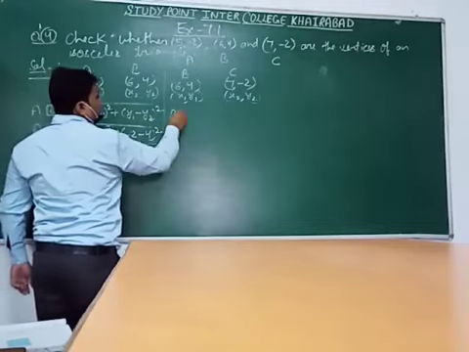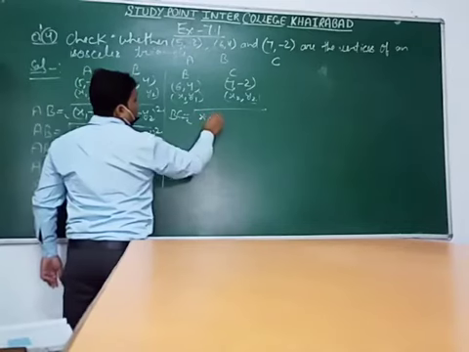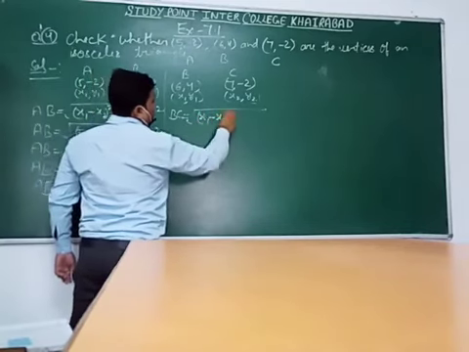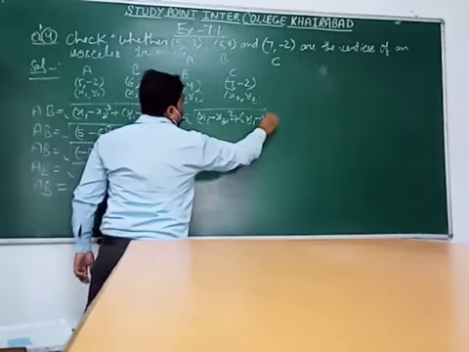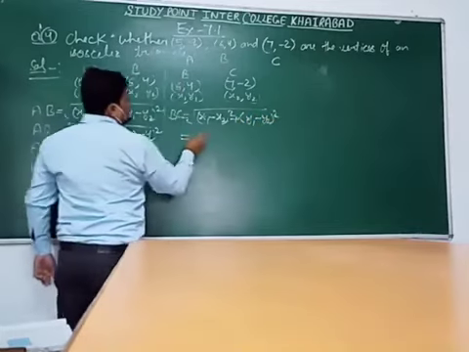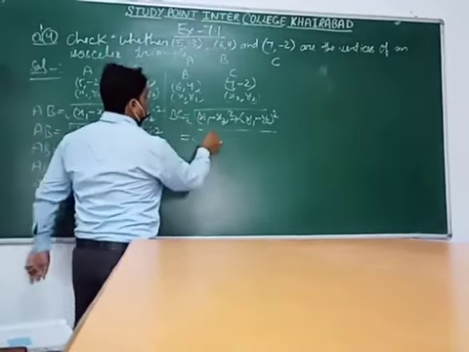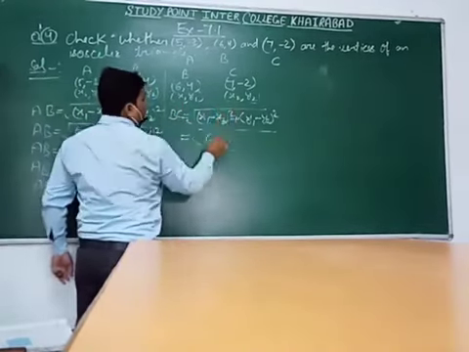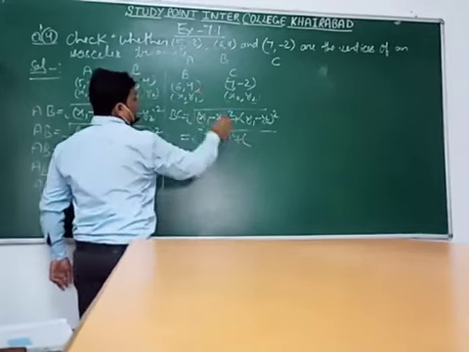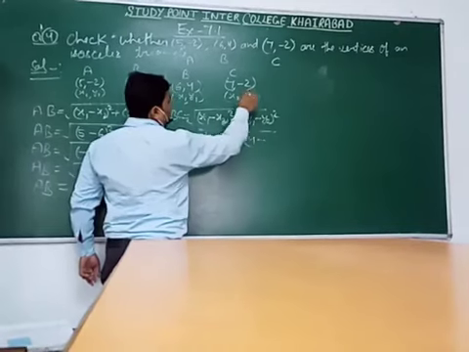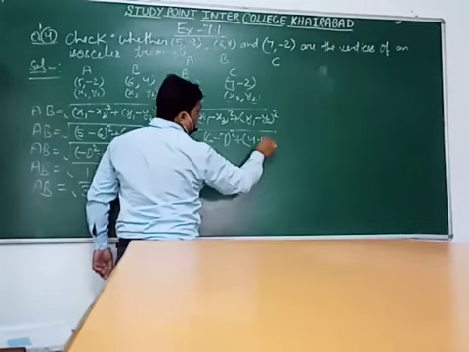BC equals the square root of (x1 minus x2) whole square plus (y1 minus y2) whole square. Here x1 is 6 minus x2 which is 7, square, plus y1 which is 4 minus y2 which is -2, and minus minus becomes plus.